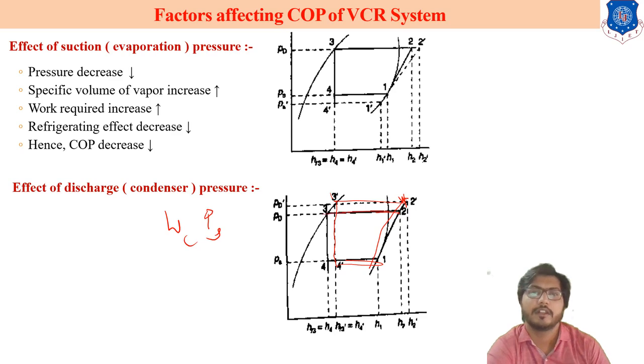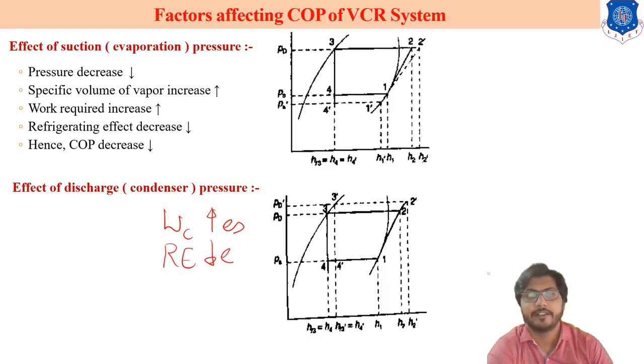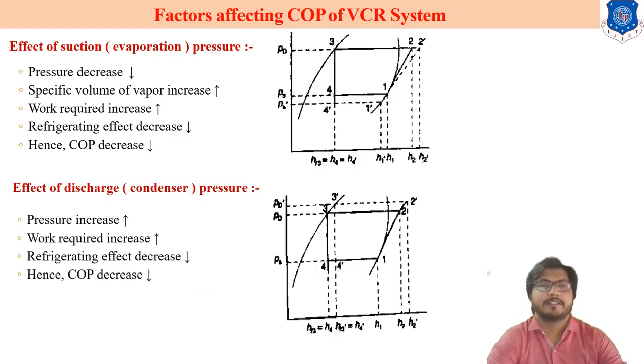Before increasing discharge pressure, 4 is lower. That means the work of the compressor increases and refrigeration effect decreases. That's why COP of the system decreases. If discharge pressure increases, work required increases, refrigeration effect decreases, hence COP decreases.